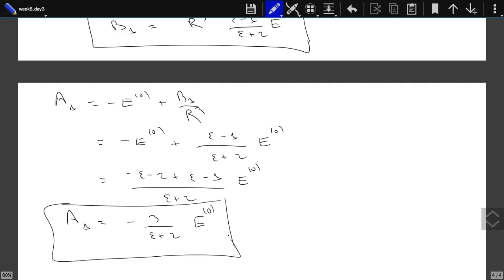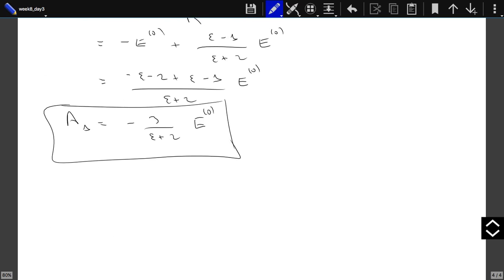So we also know A1. We already know that A0, A2, A3, A4, etc., they are all 0. B0, B2, B3, B4, they are also all 0. So these are the only ones that remain. So we know the potential inside.